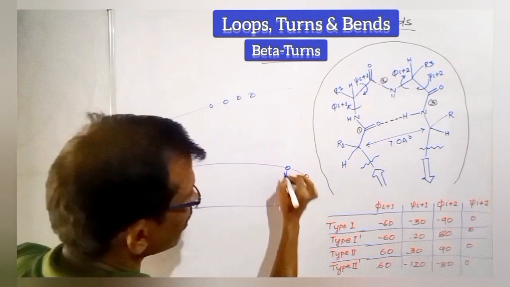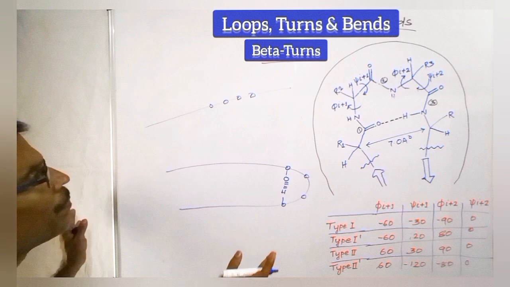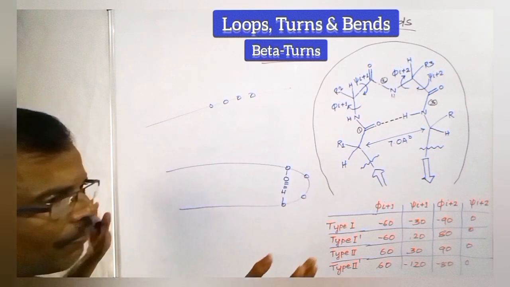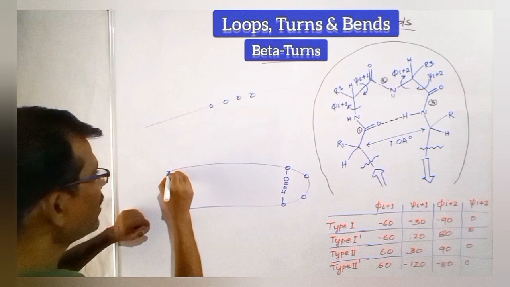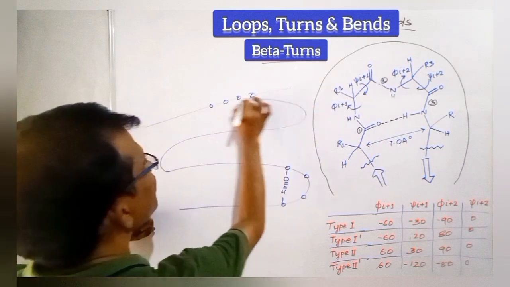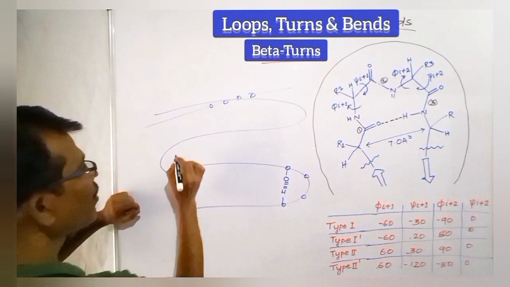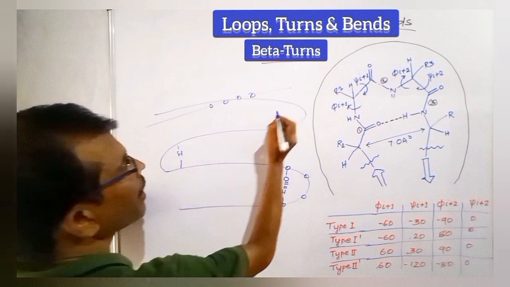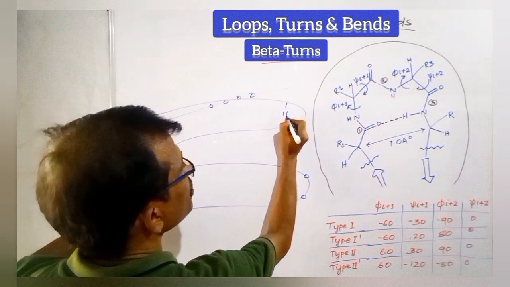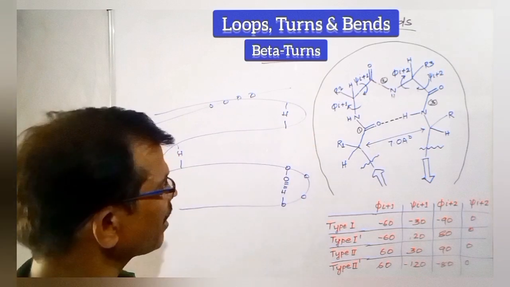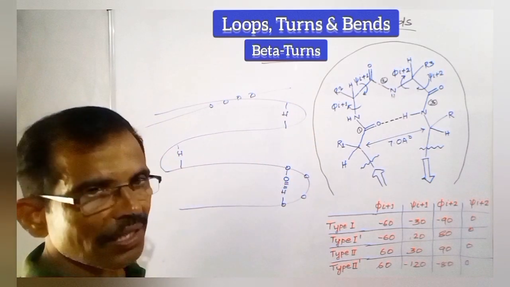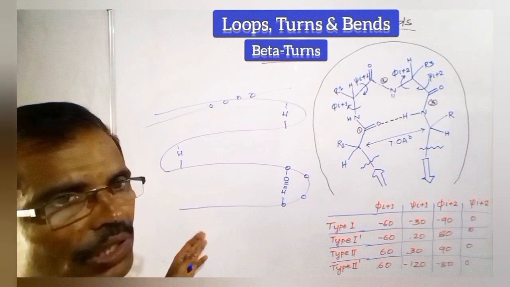So this is the beta turn, and if the polypeptide chain has several such short segments of amino acids, then it will fold upon itself several times, thereby forming a number of beta turns that will make the region more stable. In this way, beta turns connect adjacent strands in an antiparallel beta pleated sheet.